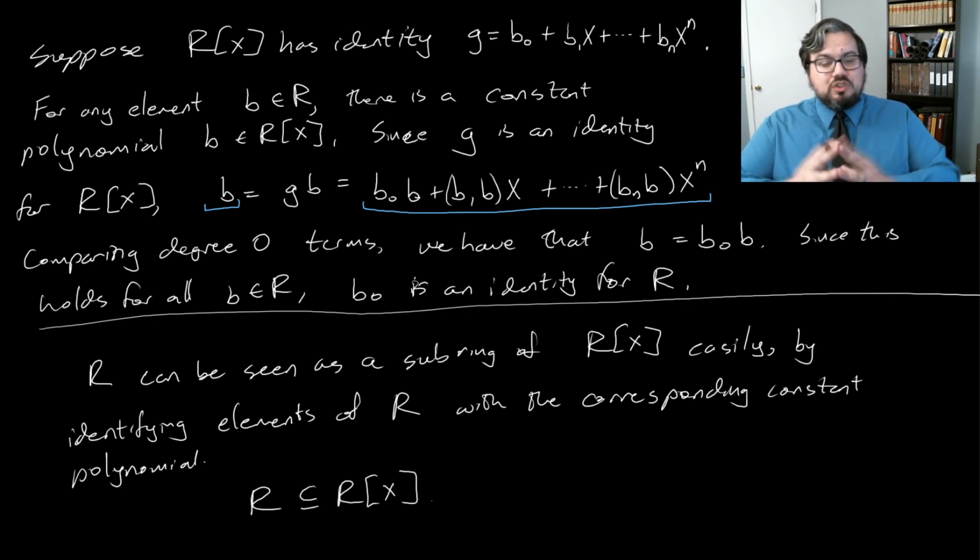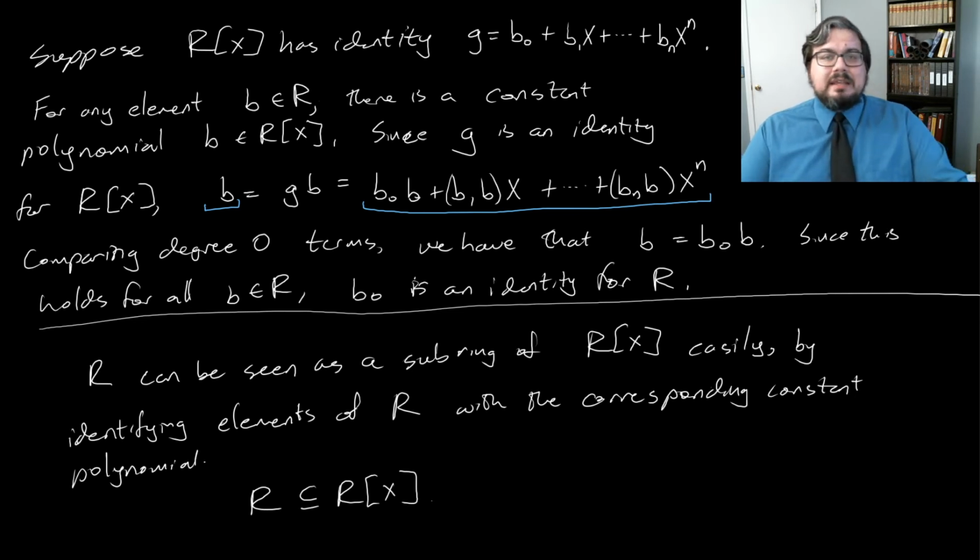Okay, so there's not a whole lot to be said about polynomial rings over arbitrary coefficient rings. As we see here, if the coefficient ring has some nice properties, is an identity, is a domain, then we get some nice properties of the polynomial ring.